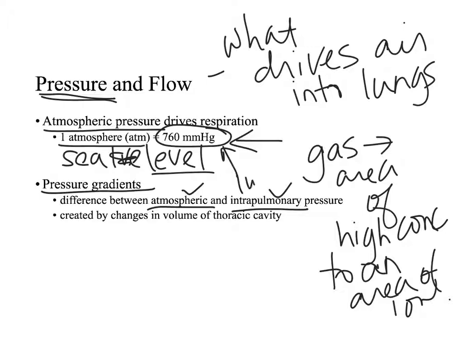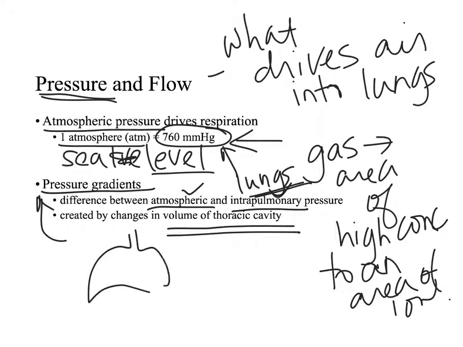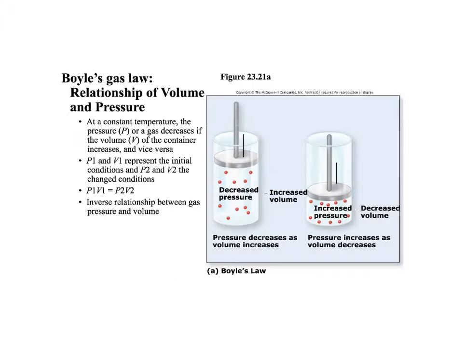Intrapulmonary is what's in the lungs. The way that we create these pressure gradients is by changing the size of your thoracic cavity, by modifying how big it is. And we can modify the size of your thoracic cavity using your diaphragm and your other muscles around.